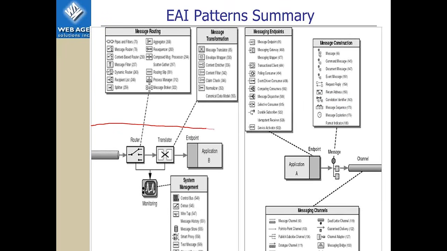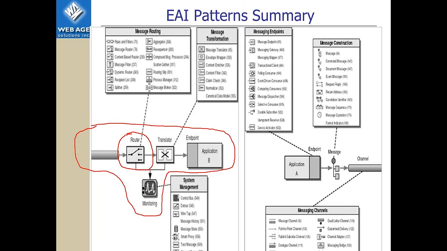Let's take a look at, for example, this processing pipe, which is constructed from different patterns. For example, hopefully you can see it clearly, that router, which routes messages based on, say, content or maybe on some other rules.